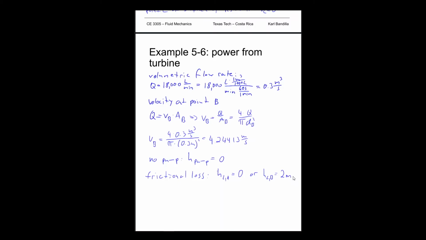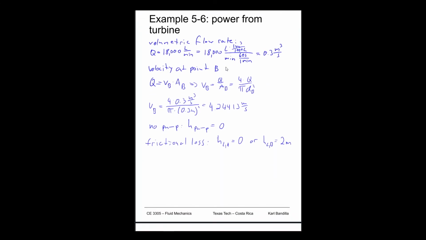But those are our cases A and B. And with that, I think we have everything that we need for our calculations. So let's plug all these values into our energy equation again.